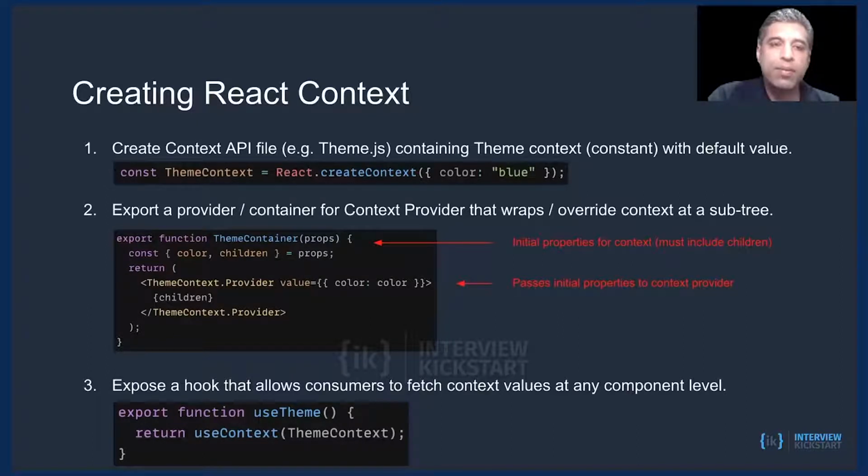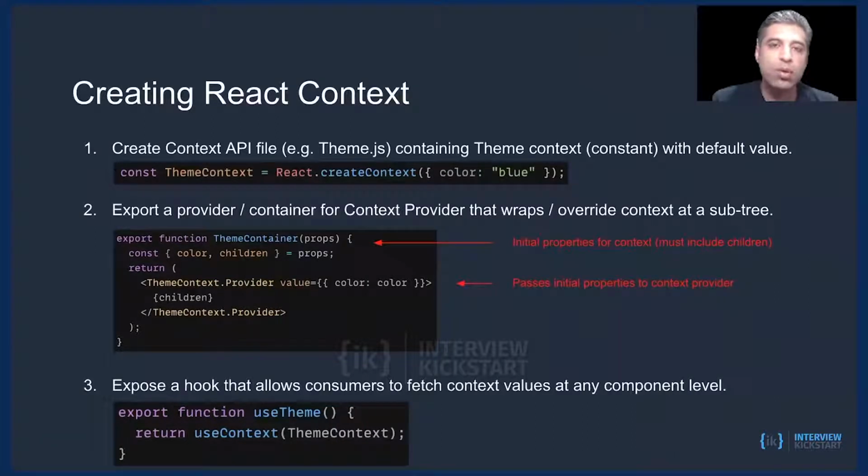The second step is to author a provider function or a container that wraps and overrides the context and provides it to your visual tree. In this example, we've authored a theme container that takes the initial set of properties and wraps them into a ThemeContext.Provider and sets the value for the context.